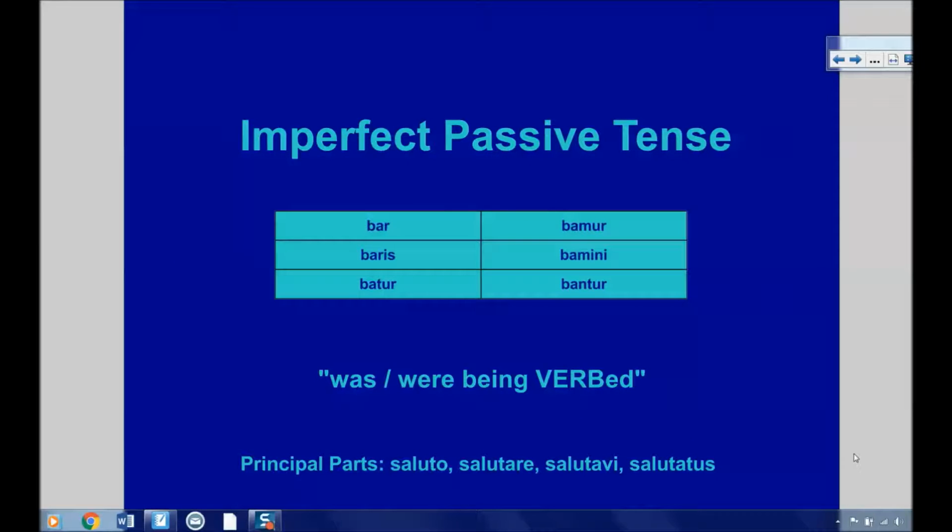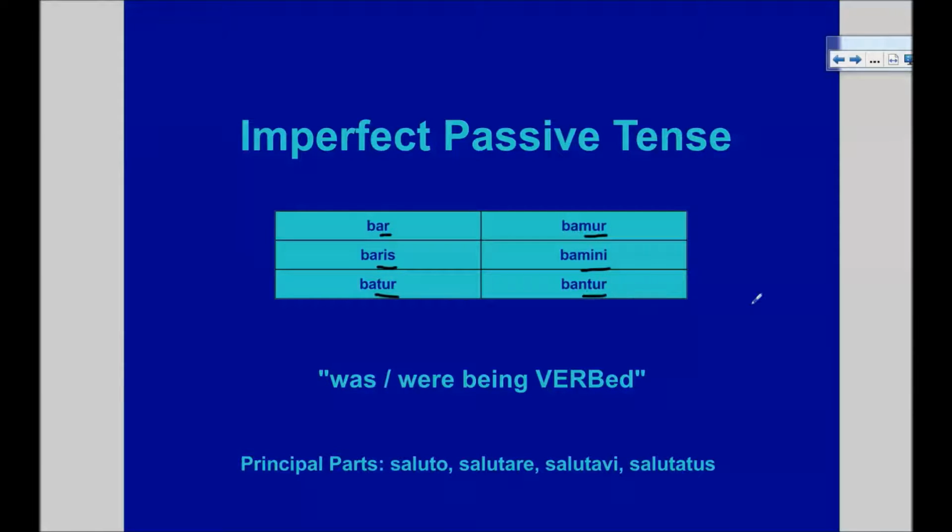The next verb tense is going to be imperfect passive, and the imperfect passive is going to be built right out of our present passive tense endings. You can see here we have -r, -ris, -tur, -mur, -mini, and -ntur.